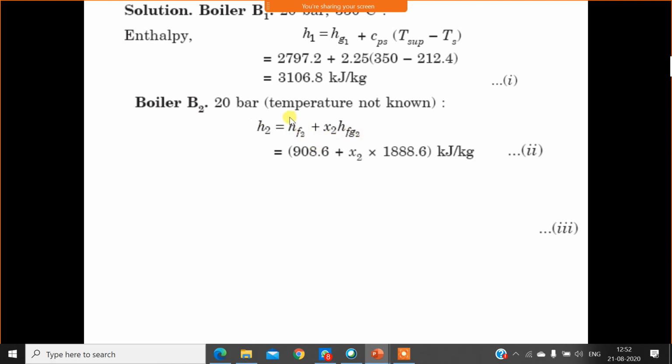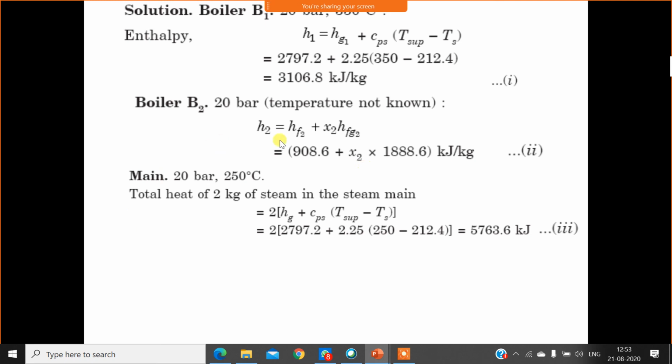Now we will take the values of HF2 and HFG2 from the steam table at 20 bar. The value of HF2 is 908.6 and HFG2 is 1888.6 kilojoule per kg. We don't know the enthalpy and X, so we'll keep it as it is for the sake of this problem.